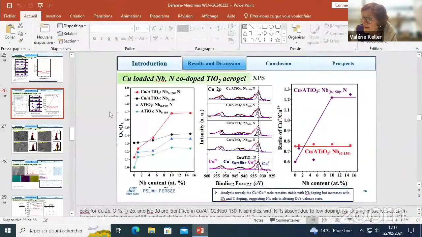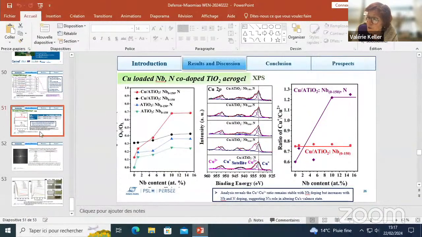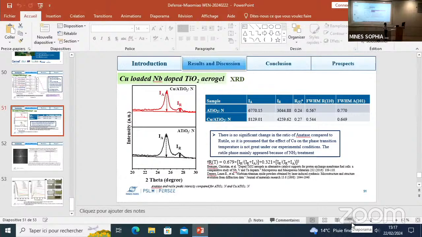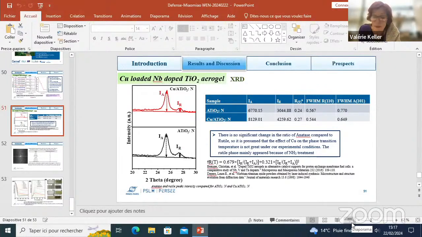Yes. And you mentioned the fact that there is no evidence for copper because you may have very small copper oxide domains, okay? Yes. And you confirm the presence of these very small copper oxide domains by means of TEM.